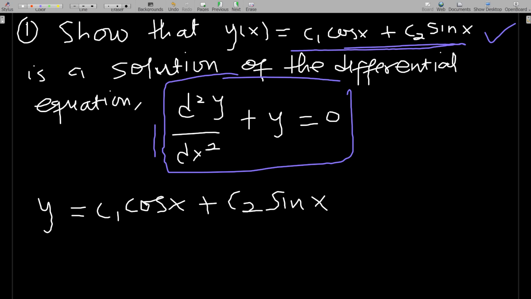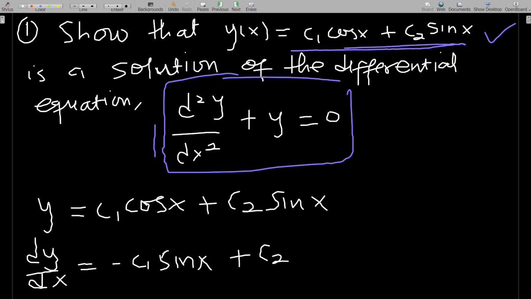In the differential equation you have d squared y over dx squared, so from this y of x you find d squared y over dx squared, and we have only y, which is already given, so you don't have to find y again. So y prime, which is dy/dx, would give us, when you differentiate cos x with respect to x, minus sin x, so you get minus c1 sin x.